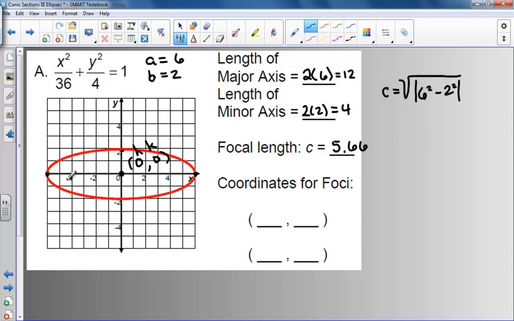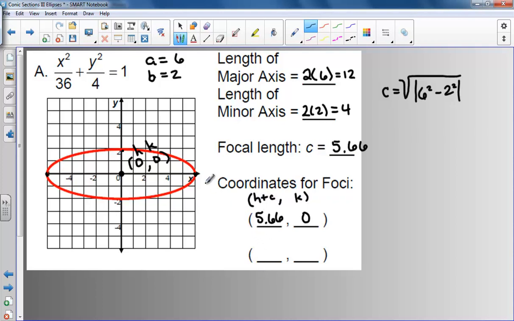So I'm looking at here. So my focus points are changing horizontally. So it's going to be H plus my C that will give me 1 point. So that's going to be 0 plus 5.66 is 5.66, and then the K is 0. So this is H plus C and K right here.